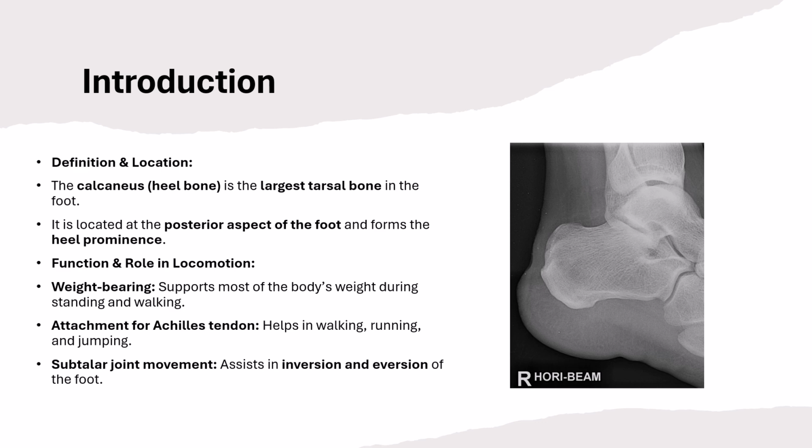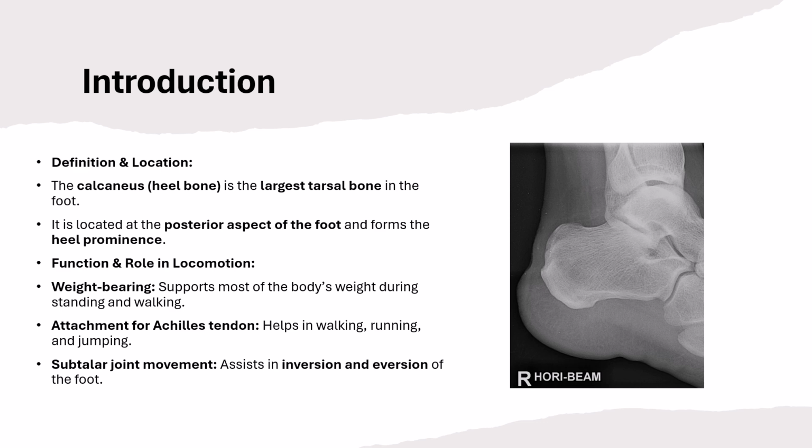When we talk about the functions and roles in locomotion, the calcaneus plays a critical role in various functions of the foot. Weight bearing function: it absorbs the body weight while standing and walking. The second function is the attachment site for the Achilles tendon.